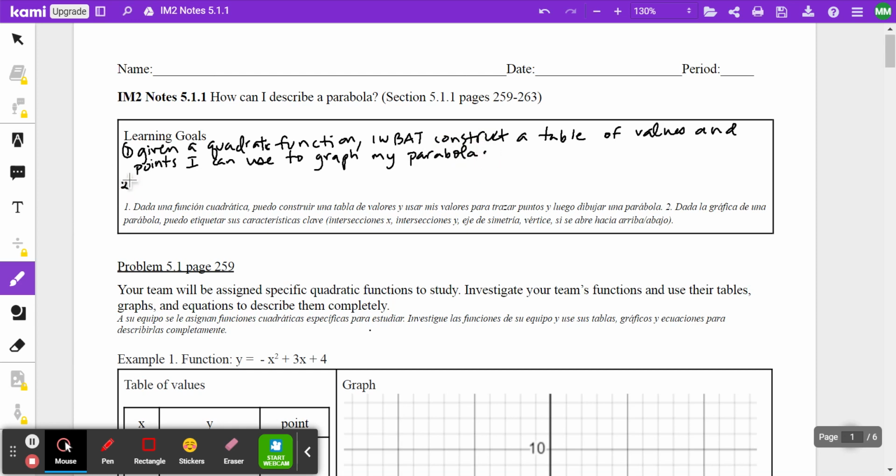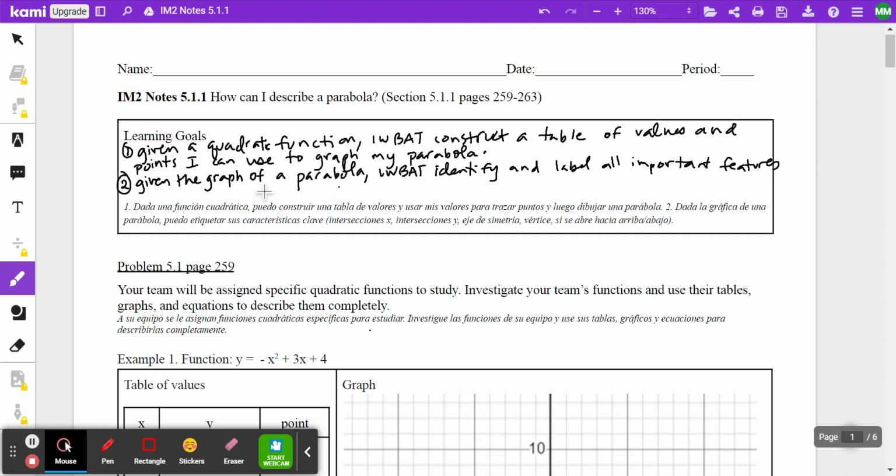And two, that given the graph of a parabola, I will be able to identify and label all important features.